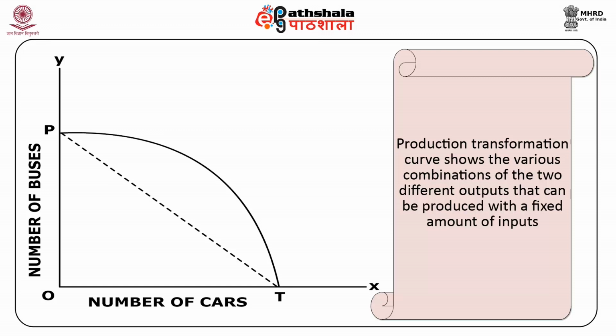If the product transformation curve is a straight line, then joint production would give no advantage. In such a case, an individual company producing only cars and another only buses would produce the same level of output as a single company producing both the products.